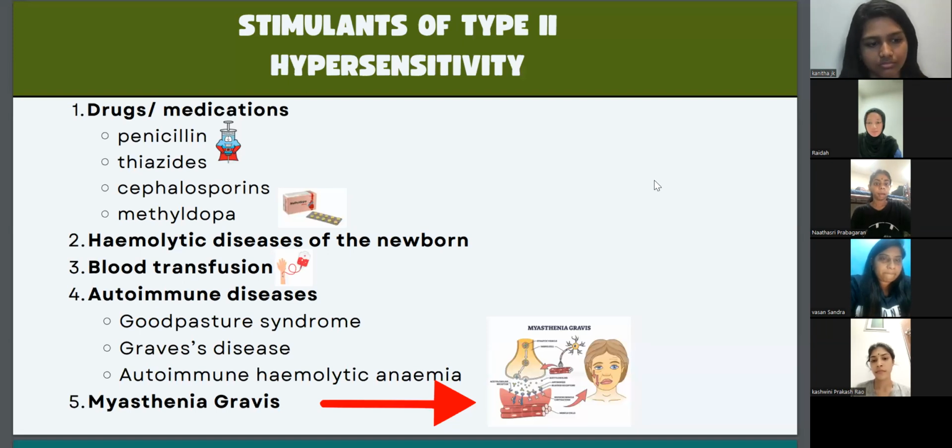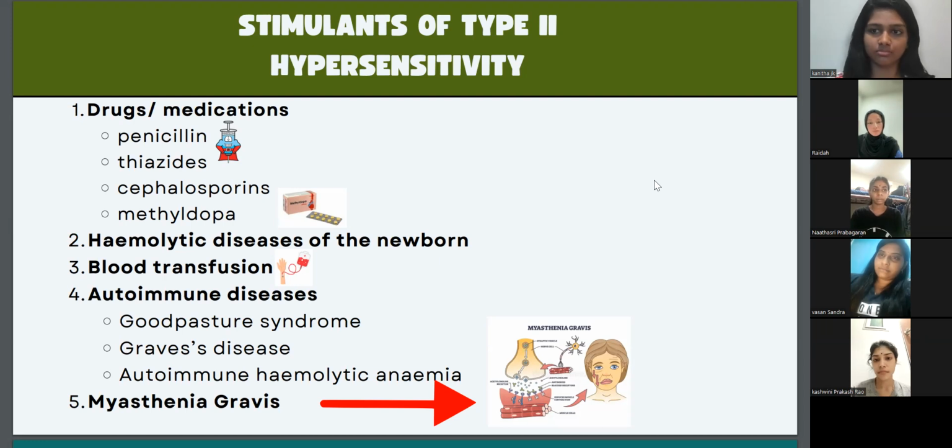Hi everyone, I'm Natashree and I'll be explaining the stimulants of type 2 hypersensitivity reaction. Type 2 hypersensitivity reaction is an immune response in which host cells are damaged due to antibodies binding to the cell surface. The most common cause is medications such as penicillin, thiazide, cephalosporin, and methyldopa.